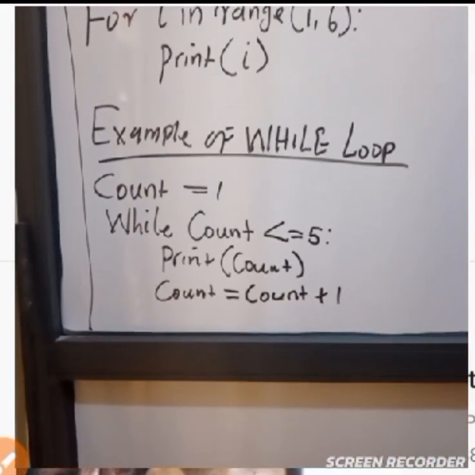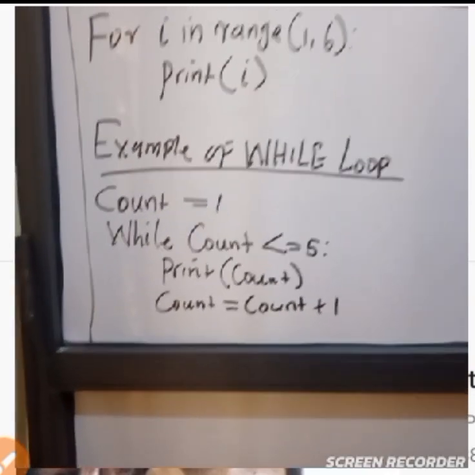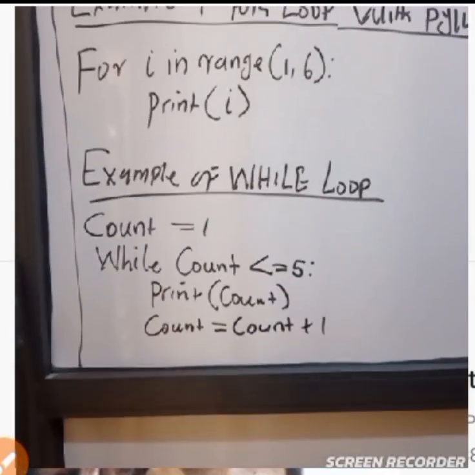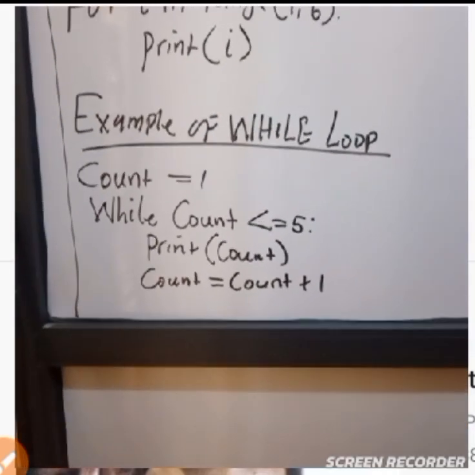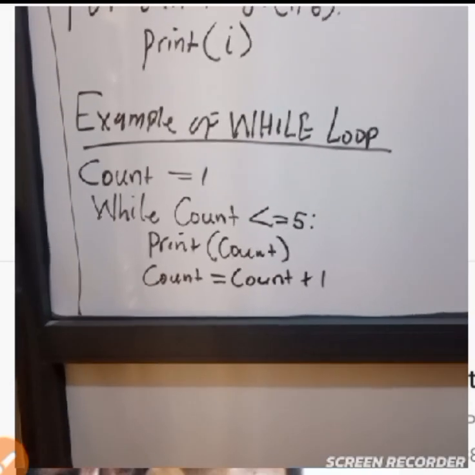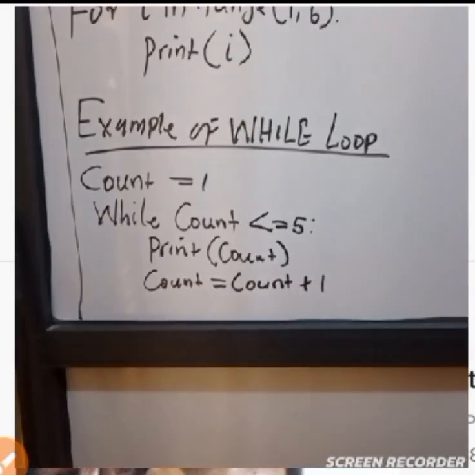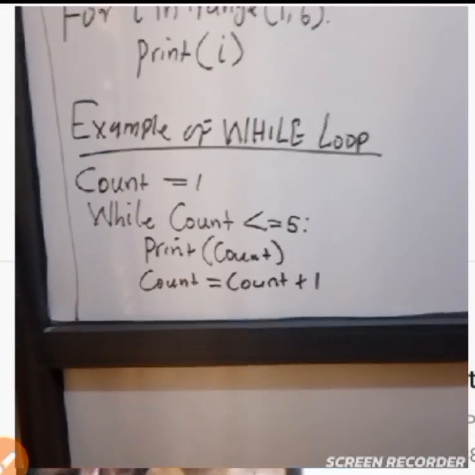Next line, count equals count plus 1. This while loop keeps running as long as the condition remains true. If the condition becomes false, the loop stops.